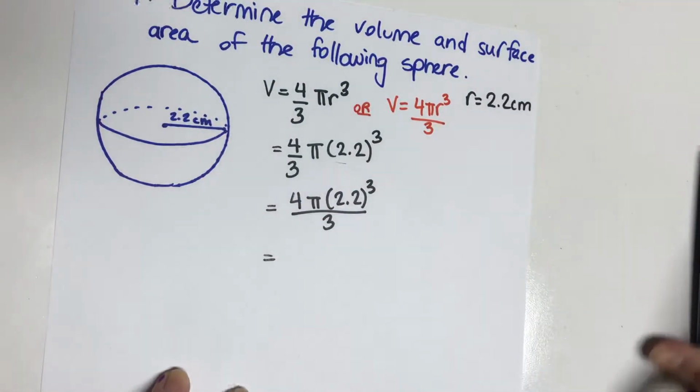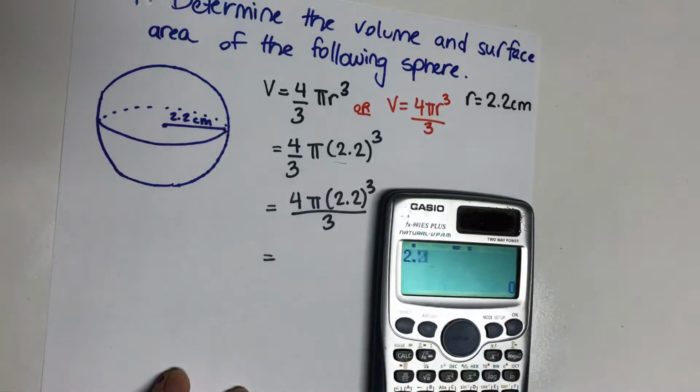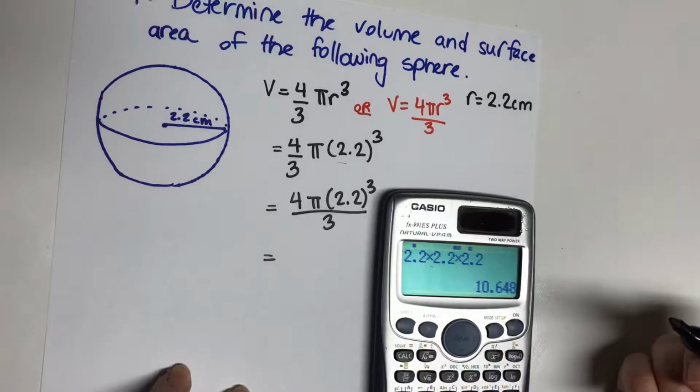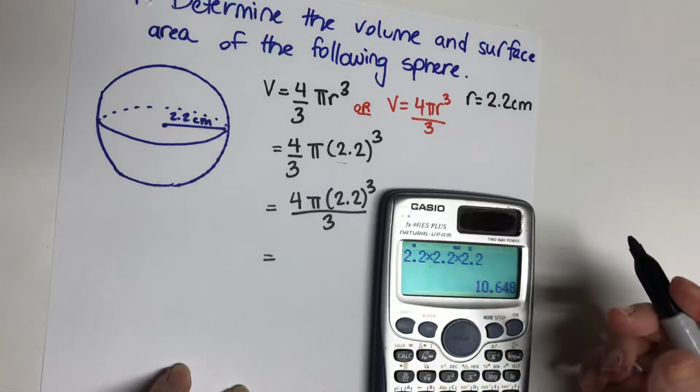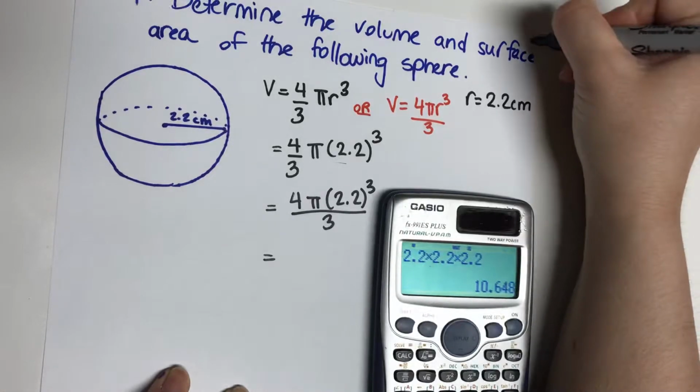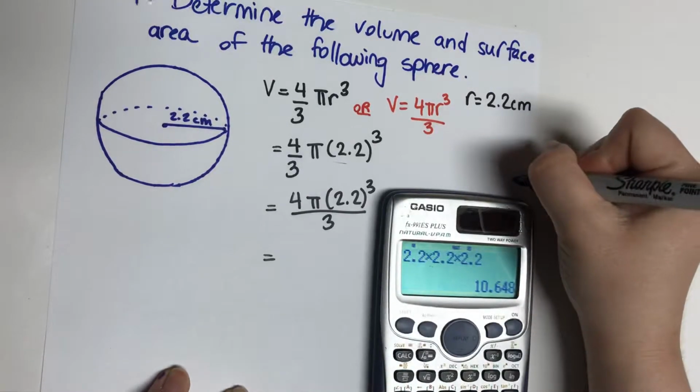I'm going to calculate 2.2 cubed using my calculator. You can either use the button to the power of 3, so 2.2 to the power of 3, or 2.2 times 2.2 times 2.2, but that's kind of tedious, so that's why I prefer, and that's why we looked at using the button earlier in the semester, so hopefully you remember where that button is on your calculator. On some calculators, it'll look like this.